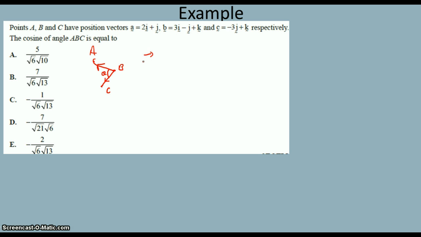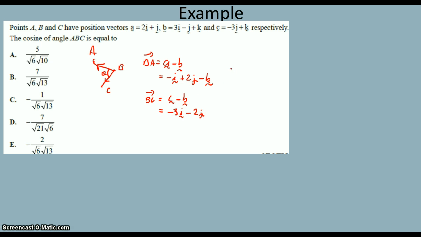Vector BA is equal to vector A minus vector B, which is 2i minus 3i, which is minus i, and j minus minus j is positive 2j, and 0k minus k is minus k. Vector BC is C minus B, so we get 0i take away 3i is minus 3i, minus 3j minus minus j is minus 2j, and k minus k is 0.